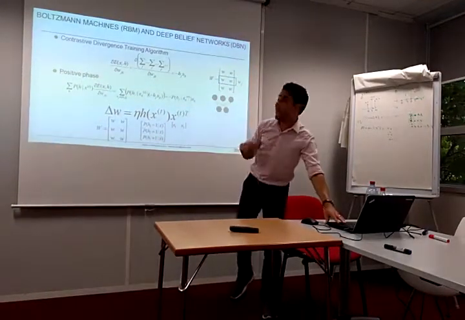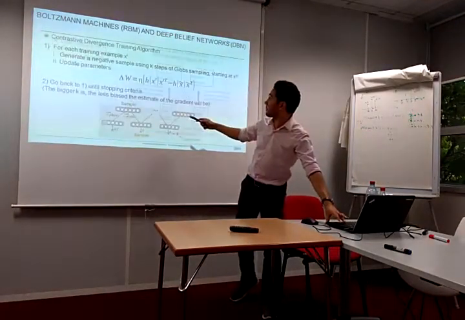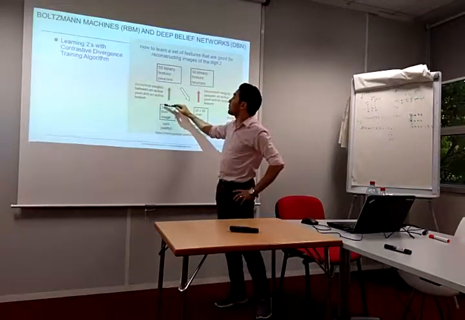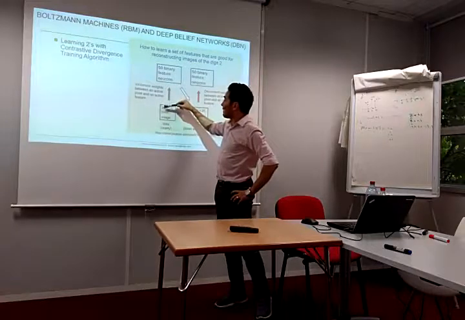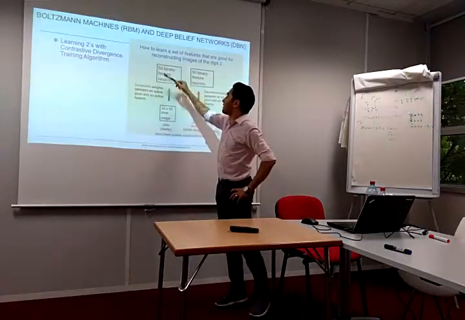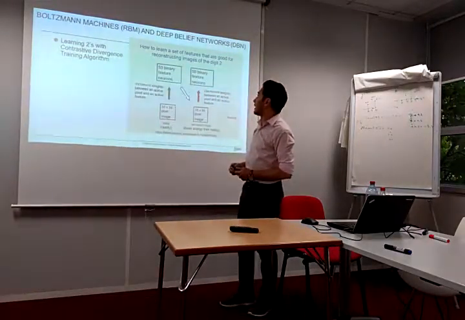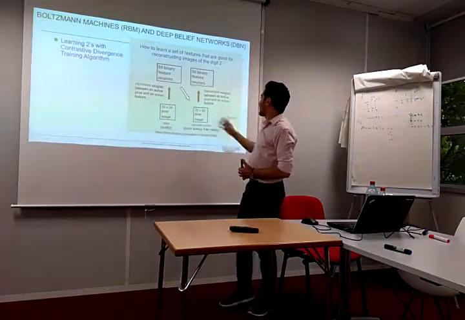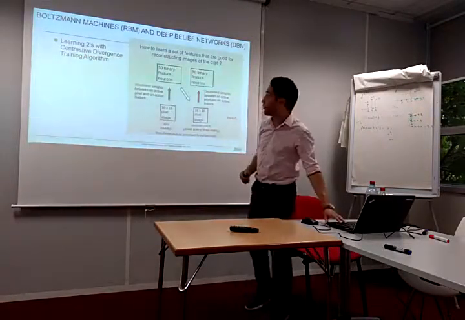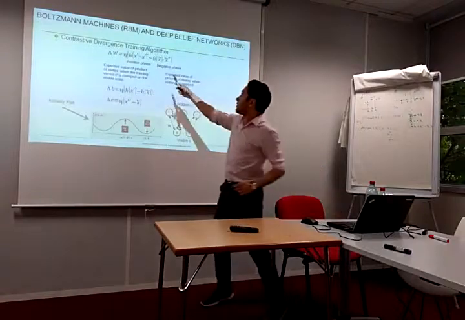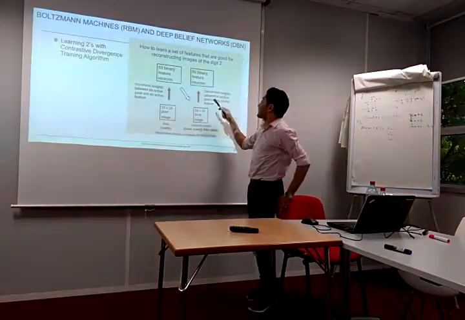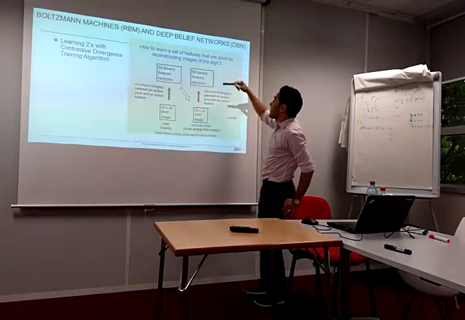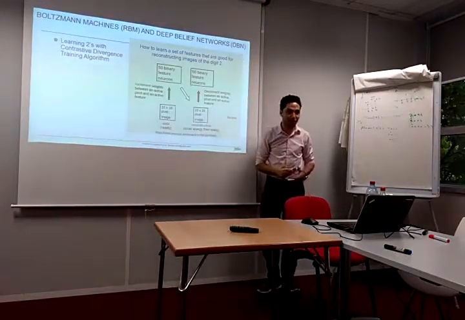So we are incrementing the weights that connect an active pixel in the training data and an active unit in the binary hidden layer. But during the negative term, we are decrementing the weights between an active pixel and an active feature.